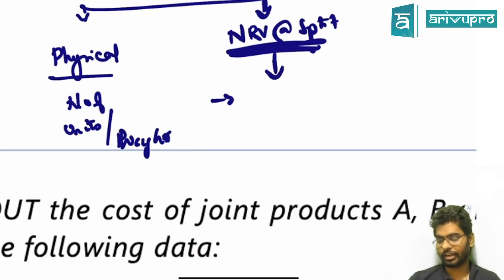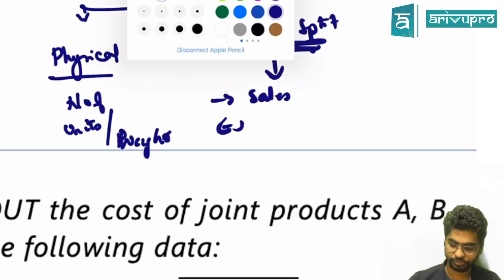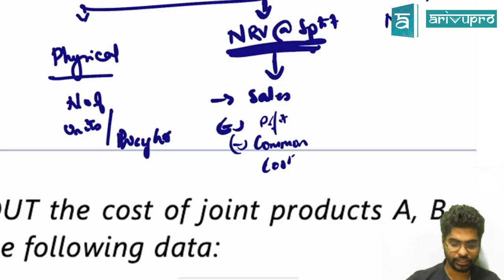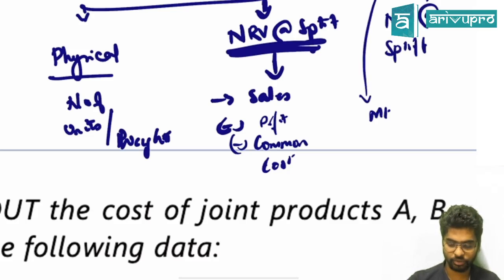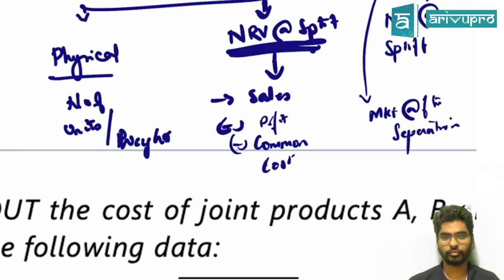So what did I take? I took the total sales value. From that I reduced my profit and the common cost. Then the third method I did was market value at split off, and the last one is market value after separation. Are you clear till now?